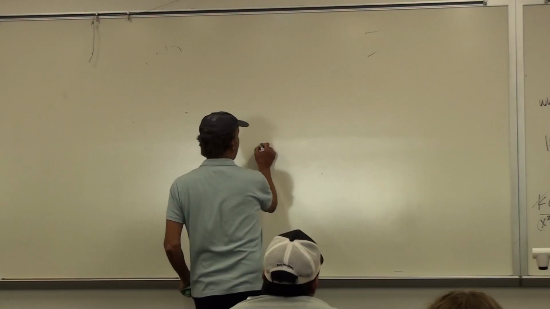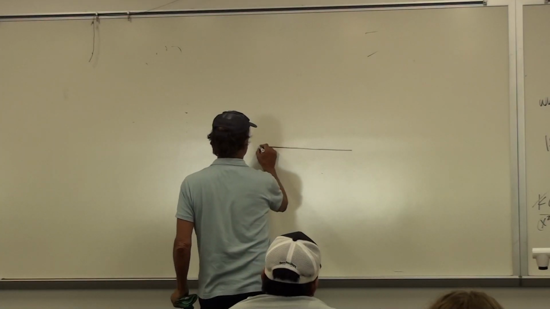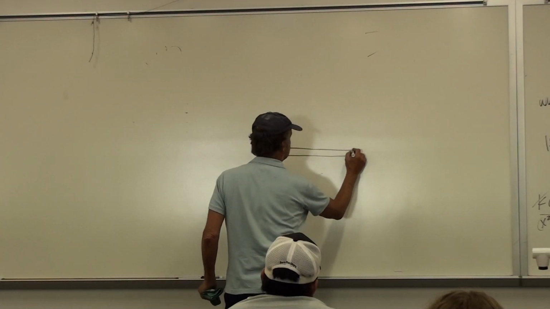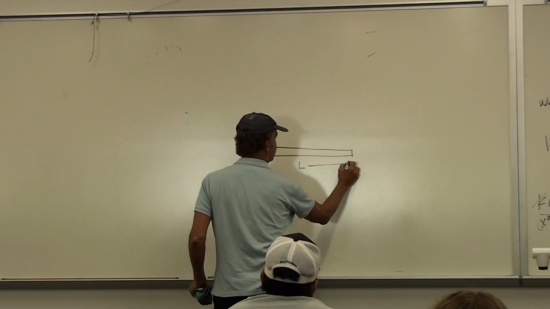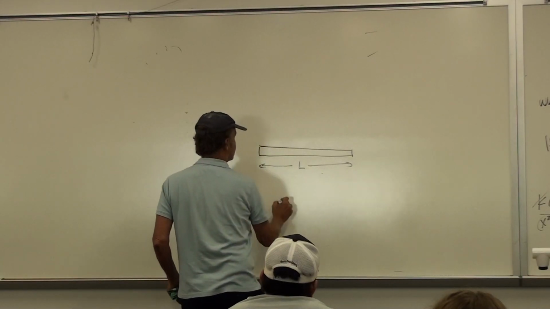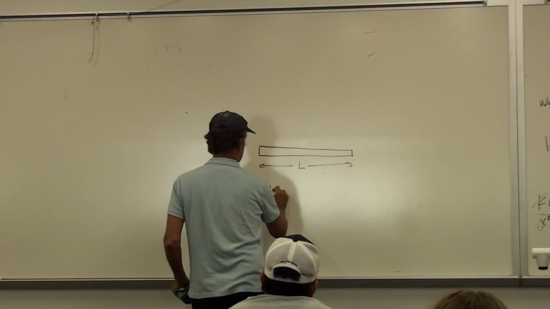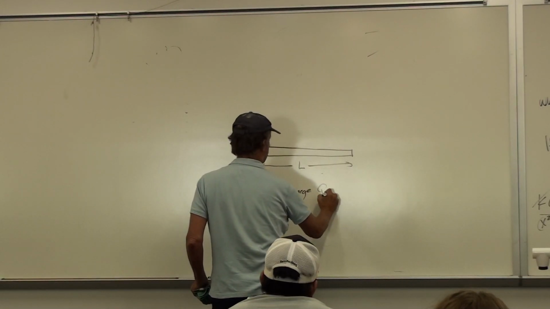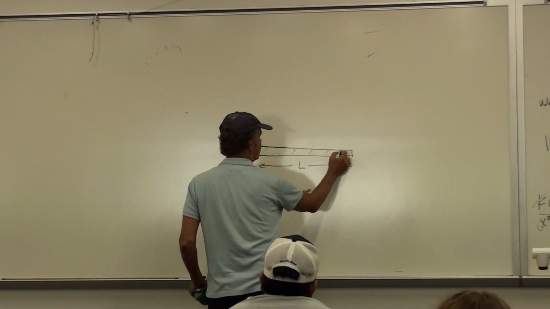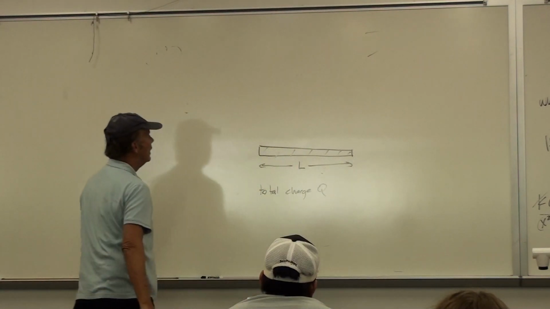So let's do it along the axis of the line. Okay. So let's say there's this length L for this line of charge, total charge big Q. Distributed uniformly along the length.